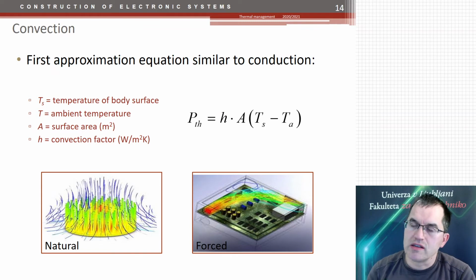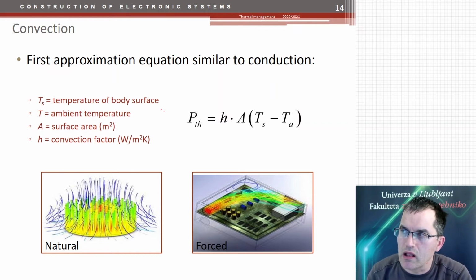The convection is another physical parameter which is even more important. When you go from the component to the air, to the surrounding, usually a lot of heat is transferred with convection.